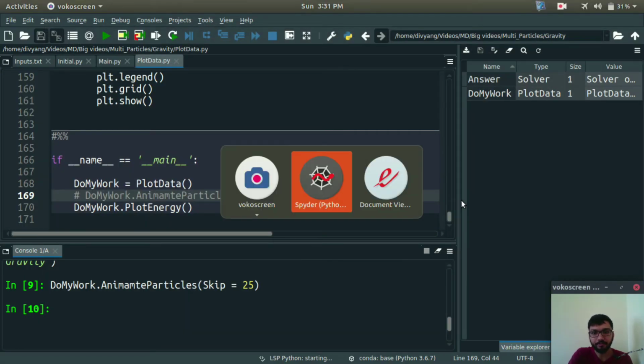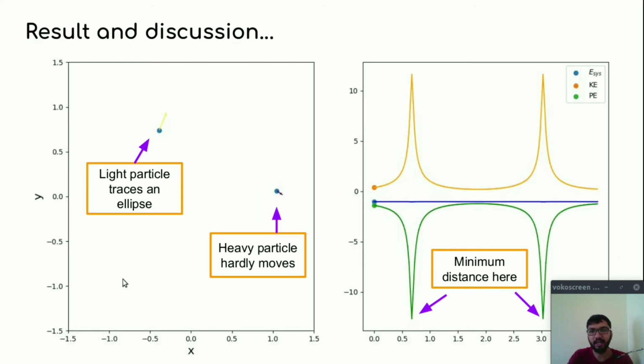Let's go to result and discussion. So we have learned that this light particle is kind of tracing an ellipse, an elliptical trajectory, and this heavy particle is hardly moving.